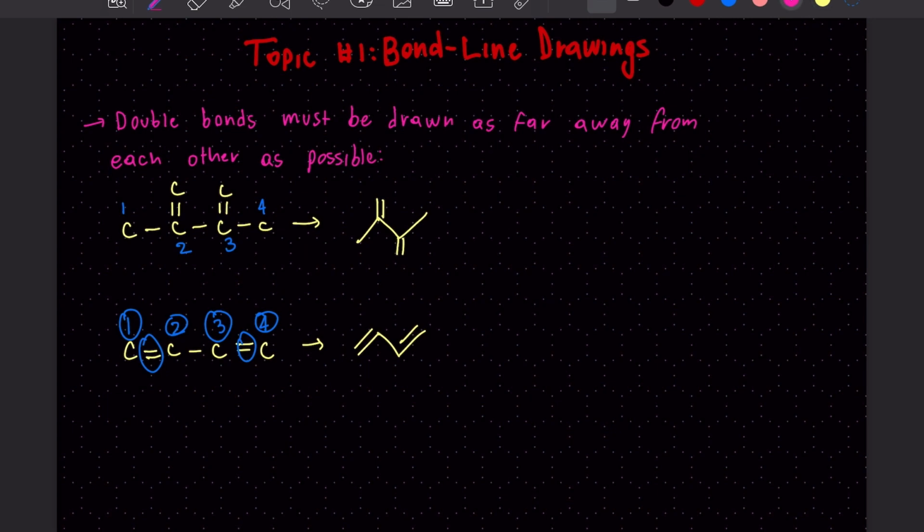So one of the things that I want to mention before we go to the next rule is to make sure you do not go over the octet when you draw bond line structures. So what do I mean?